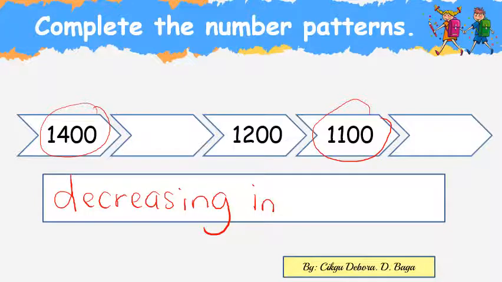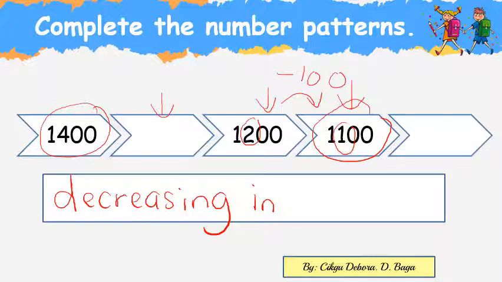Because there is no number in the second box, we move to the numbers here, 1200 and 1100. So we can see here the change is in the 100 place value. From 2 to 1, that means from 200 to 100, we minus 100, right?